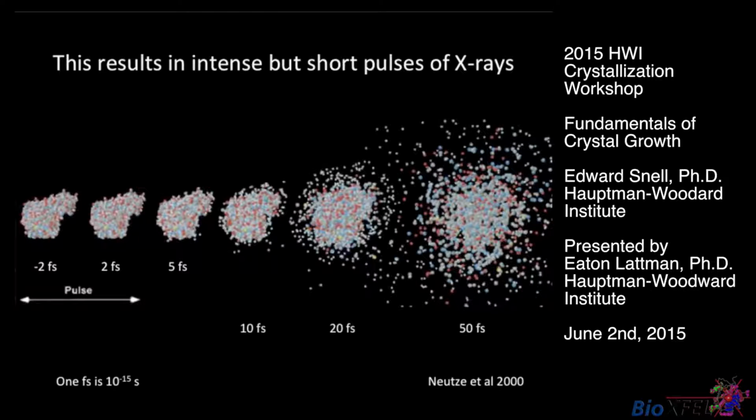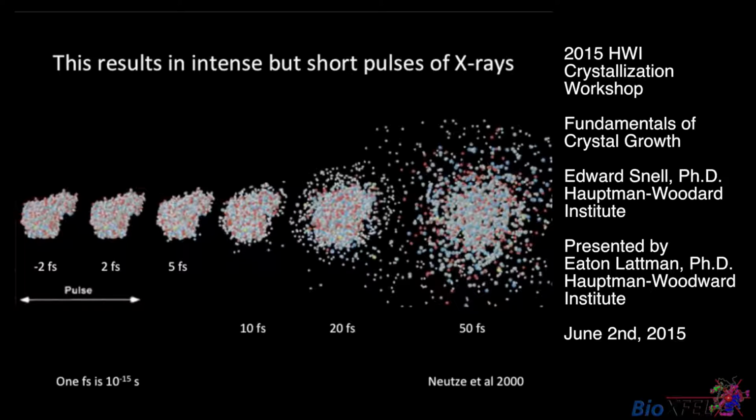So when people started thinking about having such powerful pulses, one of the first questions was, will you blow up your specimen before you can do anything useful with it? This is a wonderful simulation which has been borne out quite well in the experiment by Neutze et al. Janos Hajdu had a great deal to do with it. It's a picture of a simulation of lysozyme interacting with an X-ray pulse and showing what happens to the structure.